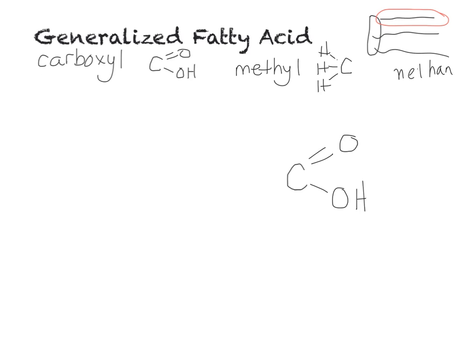Methane is CH4, carbon with 4 hydrogens. That is not the same as methyl, but it might not be a bad idea to make an association there in your brain, because methane is C with 4 H's, methyl is C with 3 H's, so they're kind of the same. I'm going to leave some space in here, and draw a methyl group on the other end. CH3.